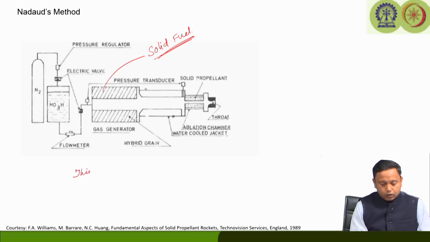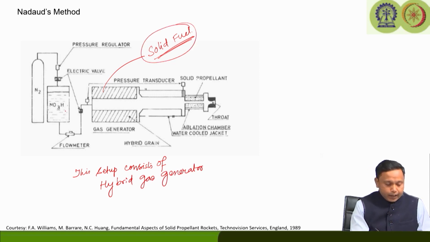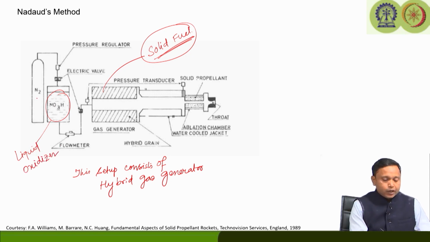this setup consists of a hybrid gas generator. So, it has solid fuel and liquid oxidizer. You see this is the HNO3, which is the liquid oxidizer. This liquid oxidizer is pressurized using nitrogen.